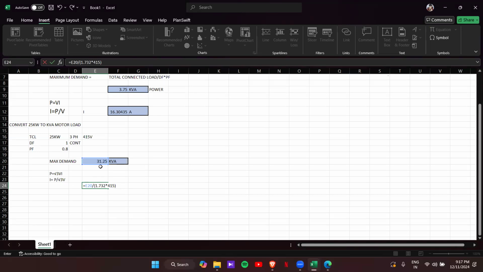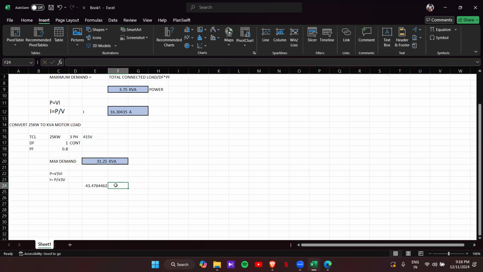And one more thing, again it's given in kVA, so we have to convert the kVA to volt ampere. Just multiply the 31.25 with 1000. Once you enter, you get 43.47 ampere.